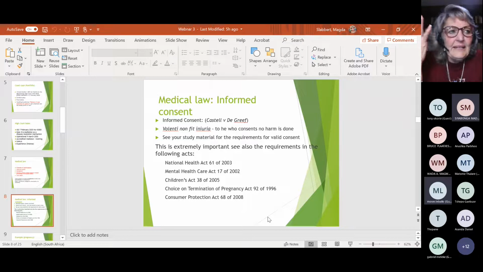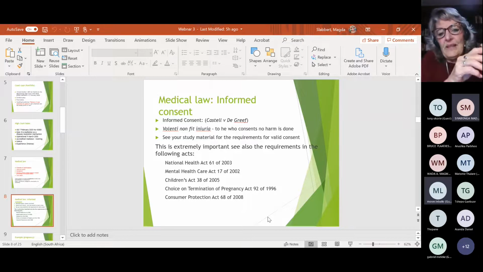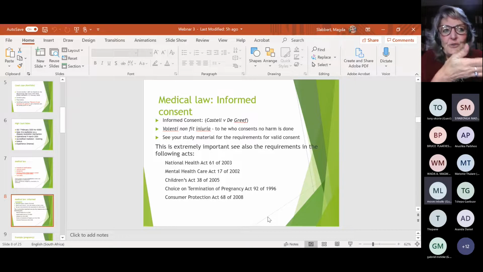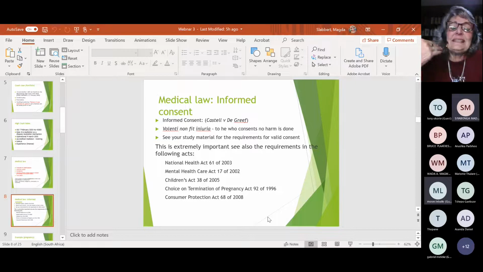So just think, play in your head with the thought, whether you think he could have argued that the woman gave informed consent to give birth naturally, knowing that it is a risk because she is too small. And he explained to her that a cesarean section would be better, but she insisted on natural birth.